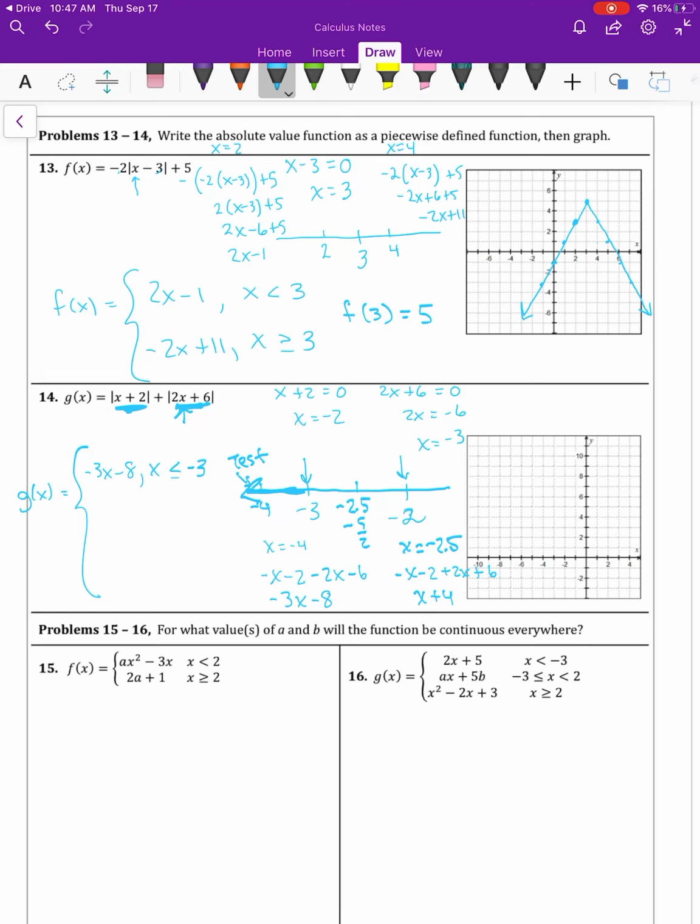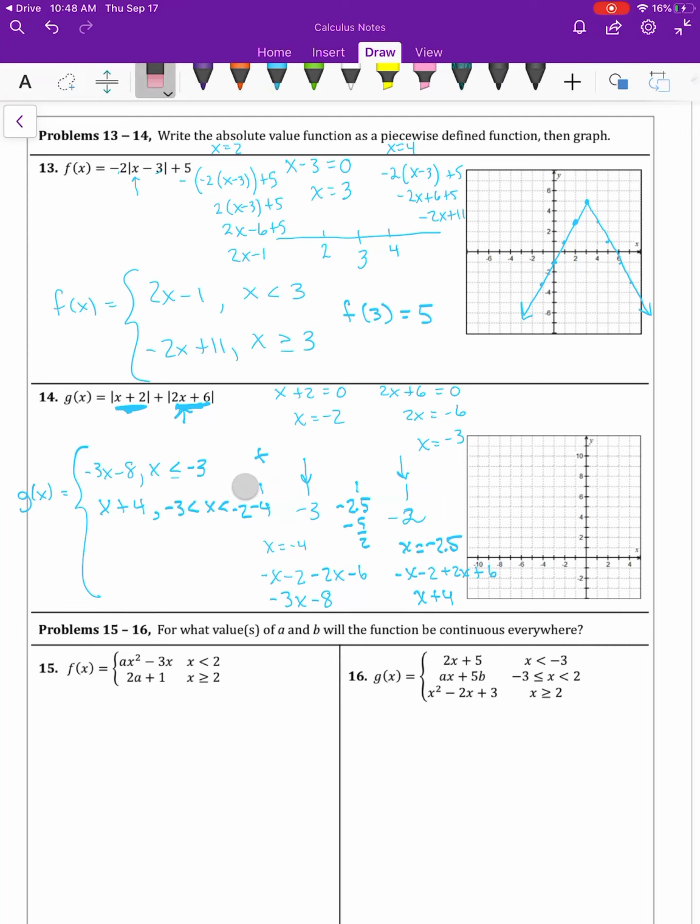So in between negative 3 and negative 2, we have the function x plus 4. We already used up our equal to, so we won't put an equal to on there.